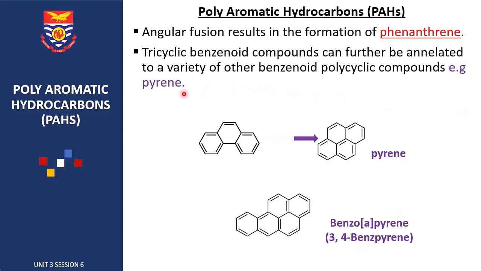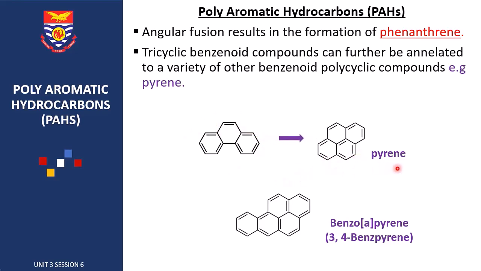So all these tricyclic benzenoid compounds can further be annulated to a variety of other benzenoid polycyclic aromatic hydrocarbons. So that's what we've been talking about. So this phenanthrene can be annulated or condensed with other aromatic groups to produce other products, right?